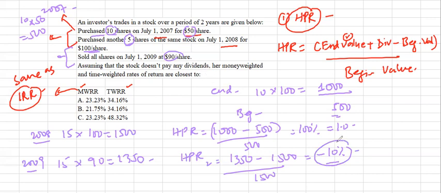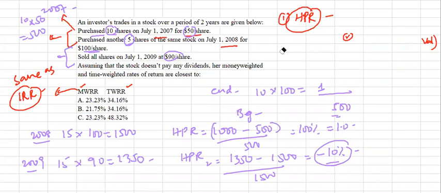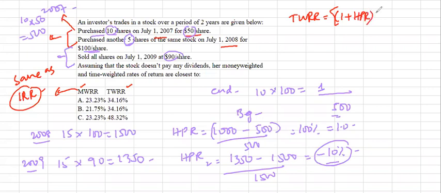to calculate the value of time weighted rate of return. So time weighted rate of return, if you know the formula, if you look at the formula, time weighted rate of return is 1 plus HPR for the first year into 1 plus HPR of the next year, to the power half, minus 1.